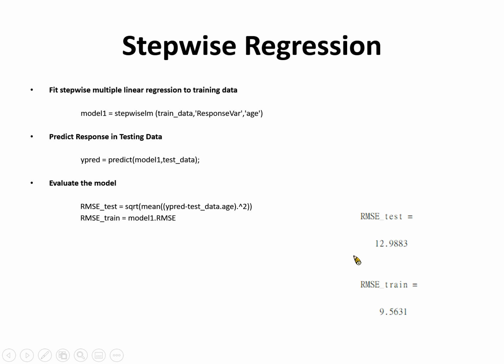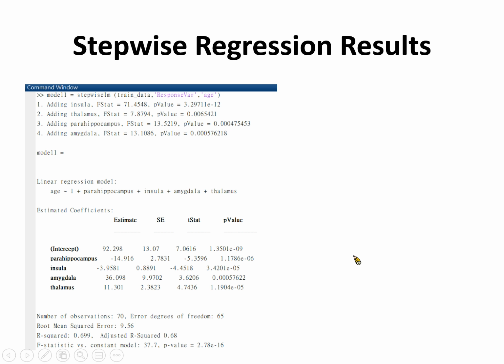It cannot reduce the error, but it can help you reduce the dimensionality of the data. So what that means is that if you look at the stepwise regression results, you will see that you can say you try to add something into the model. It's the typical steps of forward selection.